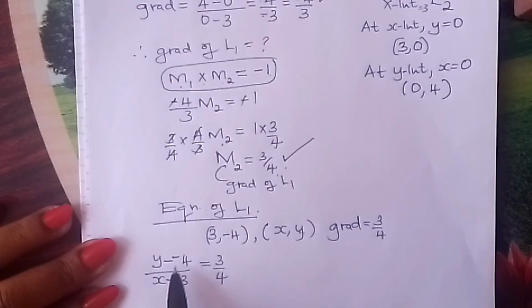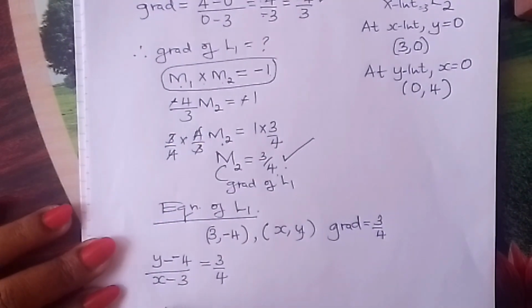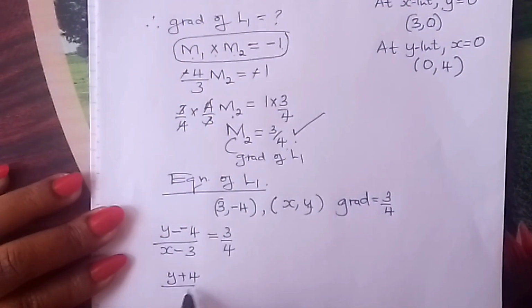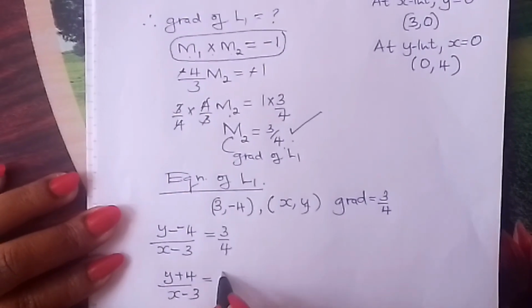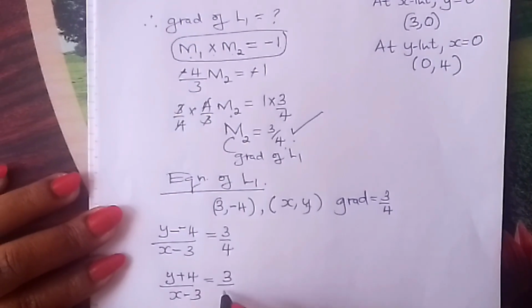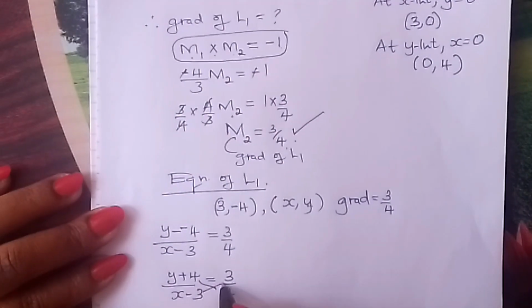So minus minus gives us plus. So y plus 4 over x minus 3 is equal to 3/4. You can cross multiply.